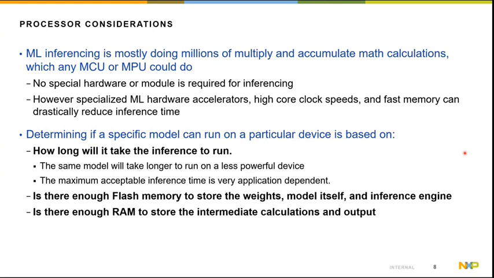And so probably the most common question we get is, how will this model run on a particular device? What can this device support? And it's extremely model specific because it's going to depend on how long it takes that inference to run, because that same model is going to take longer to run on a less powerful device. And the maximum acceptable inference time is going to be very application dependent.